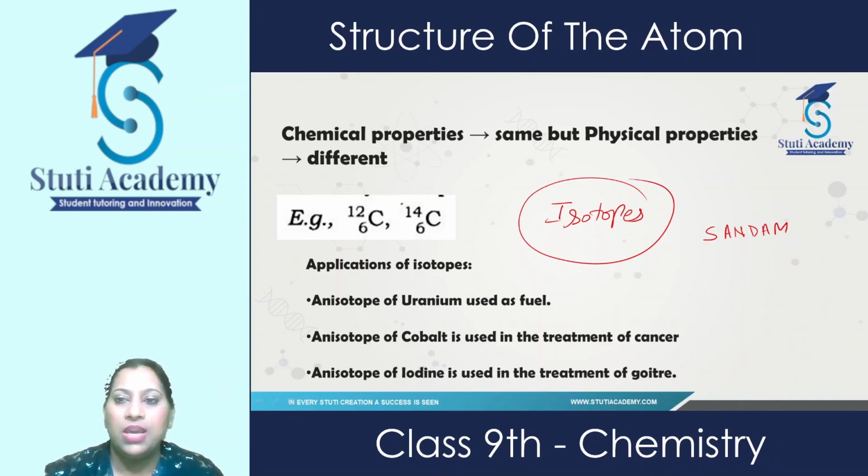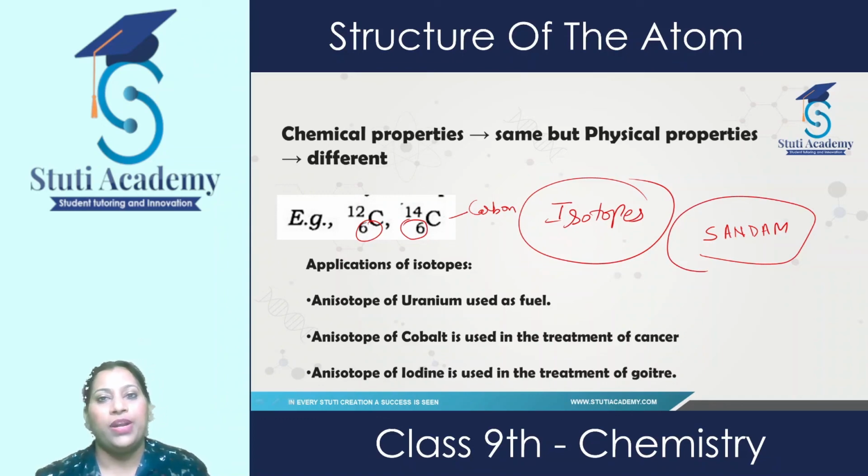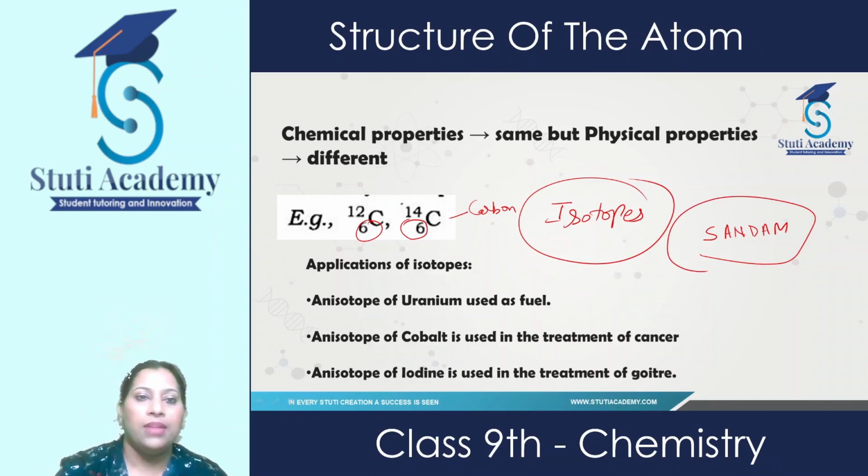As you can see here, their atomic numbers are same. These are the isotopes of carbon. And different isotopes of an element can be used in different ways. So isotopes are those substances which have same atomic number but different atomic mass. Easy way to learn is Sandam. Same atomic number, different atomic mass. And their masses are different.